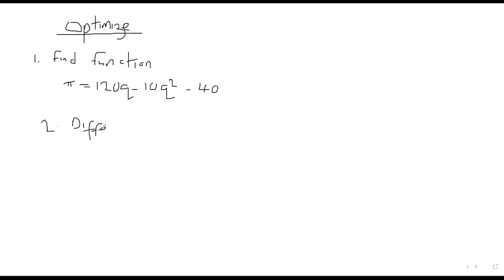So how do you differentiate that? The d pi over dQ is equal to 120 minus 20Q. Correct. All right.